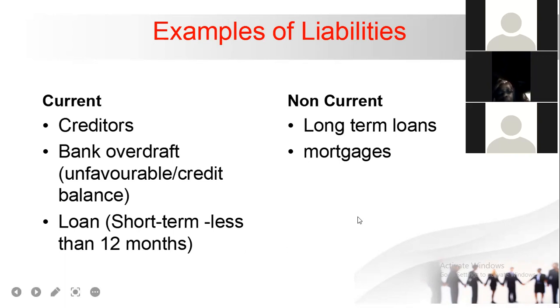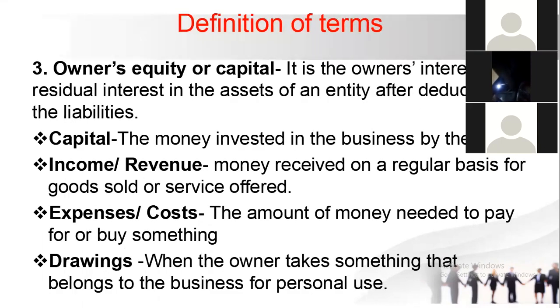So those are the examples of liabilities. We have so far described, defined, and explained two components of the accounting equation: one was assets and the other we have just finished now, liabilities. We want to now move on to the last component of the accounting equation, which is the owner's equity or capital.